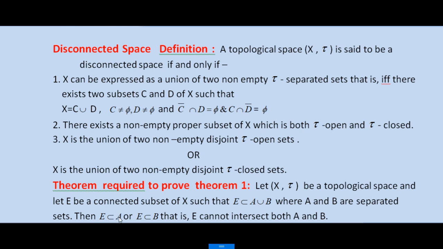Then E is contained in A or E is contained in B, that is, E cannot intersect both A and B. Students, we must remember that here E is a connected subset of X. A and B are tau separated sets. That means A closure intersection B is equal to phi and A intersection B closure is equal to phi. And this connected subset E of X is contained in A union B. Then E is either contained in A or it is contained in B.